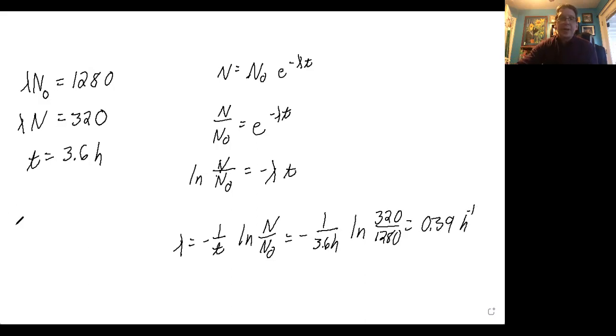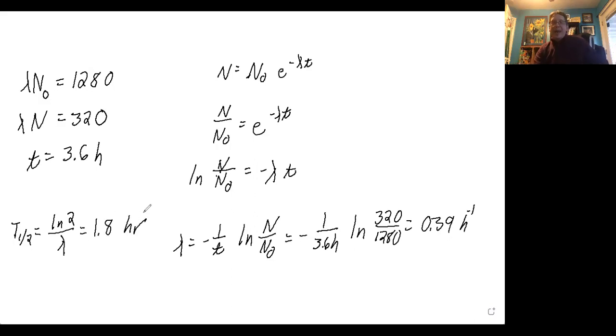And so the half-life, which is what we're asked for, is the natural log of 2 divided by lambda. And so you invert that answer and multiply it by the natural log of 2, and you get a half-life of 1.8 hours.